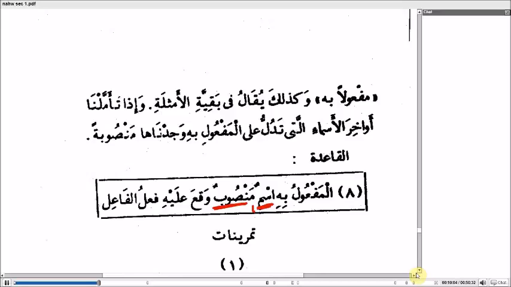Remember we said there are 3 parts of speech: an ism, a noun, a fi'l, a verb, and a harf, a particle. That's all Arabic. So which one does the maf'ulu bihi fall under? Ism. Which one does the fa'il fall under? Ism. And we'll get there inshallah ta'ala. So the thing we need to know is the maf'ulu bihi is an ism, and it's mansoob.